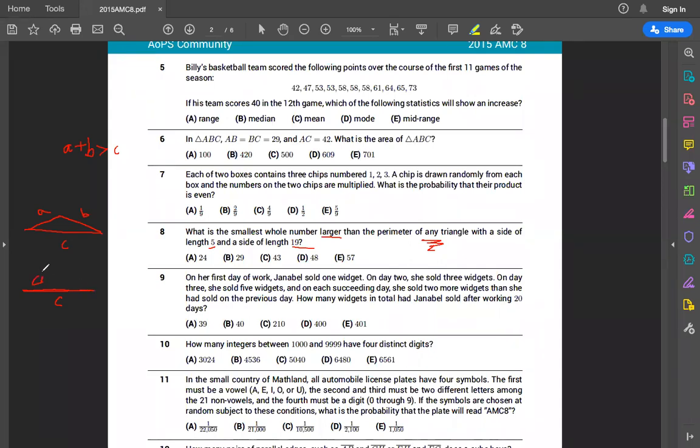And in this case, A plus B would be equal to C. And then if A plus B is less than C, then it just won't reach, right? No matter how flat A and B are, so even if they're on C, they still won't connect. So A and B have to add up to something greater than C in order to form a triangle.